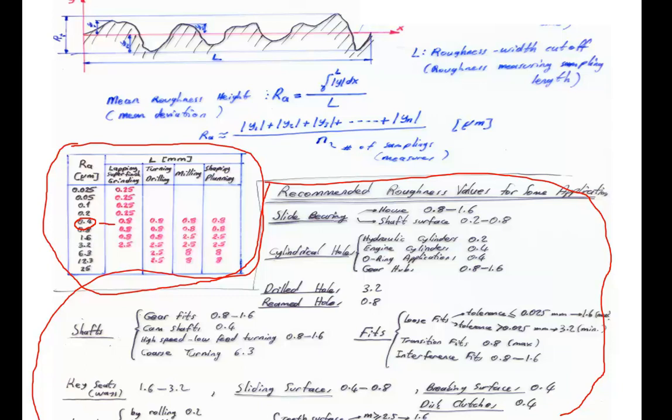If the module, it is a parameter we use in sizing gears, later I'm going to talk about it a little bit in detail when studying the chapter about gears. Well, the recommended value, if the module is greater than 2.5, the recommended roughness size is 1.6.